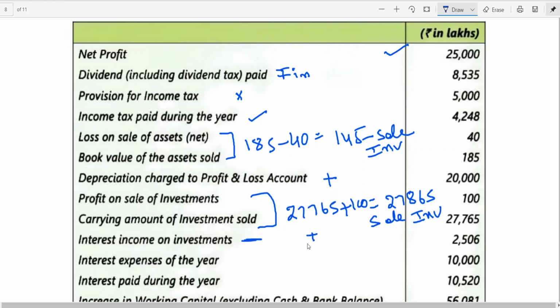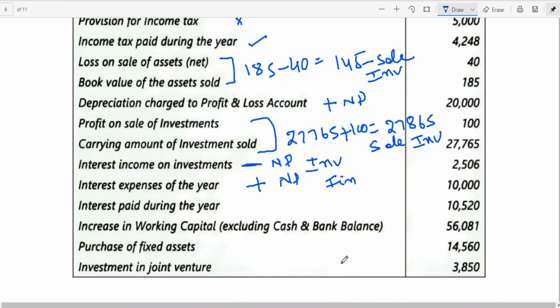Tell me. Investing activity. Interest expenses of the year, it is to be added to net profit. This is NP, means deduction from net profit. Here I am using the word net profit, and interest expenses will be taken as financing activity.